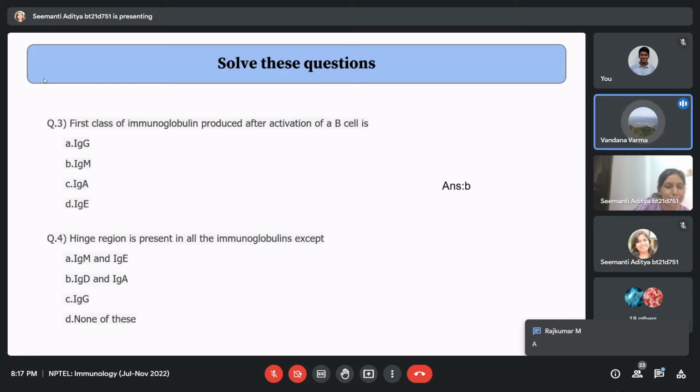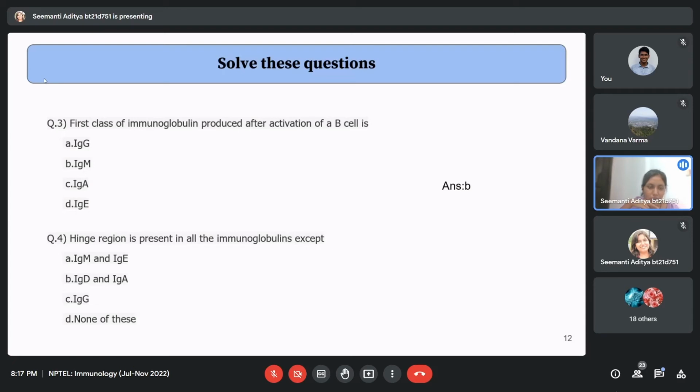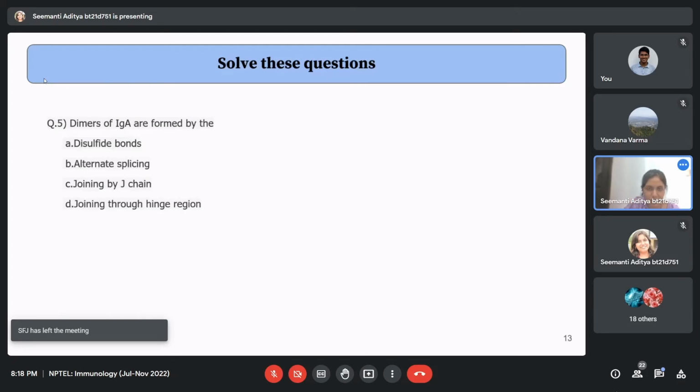Most of them have marked option A. Okay, option A is the correct answer. IgM and IgE do not have a hinge region. All the rest have a hinge region. IgM and IgE are a little restricted in terms of binding. So option A is the correct answer.